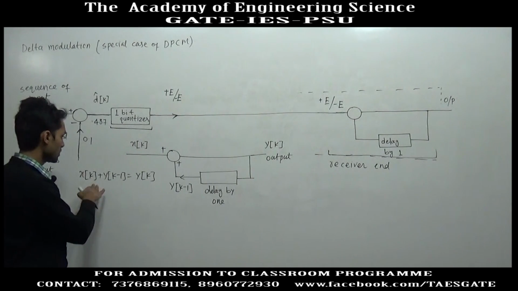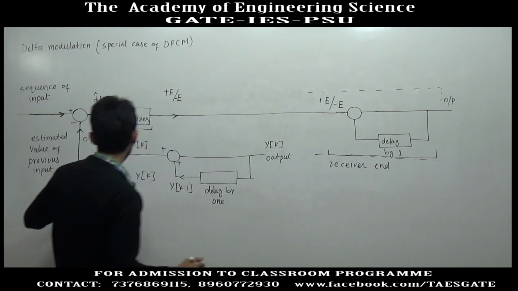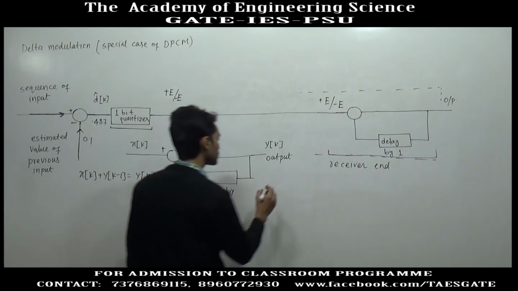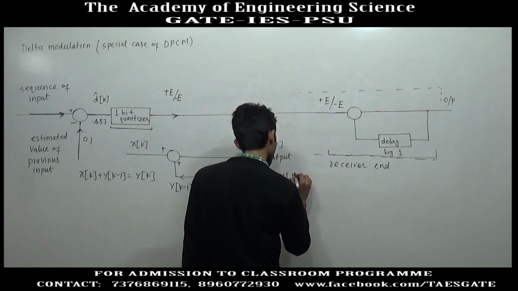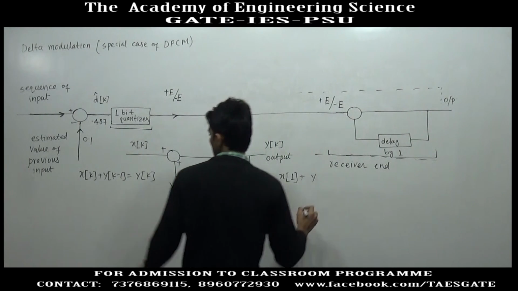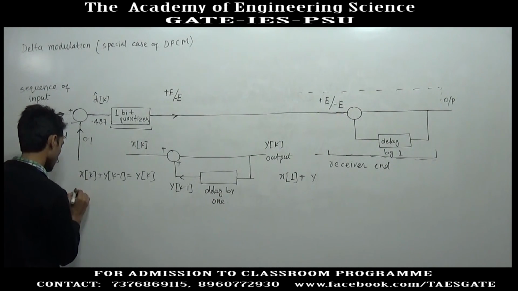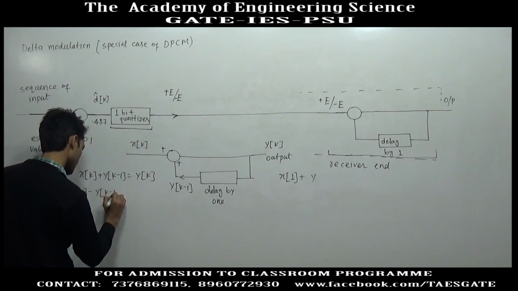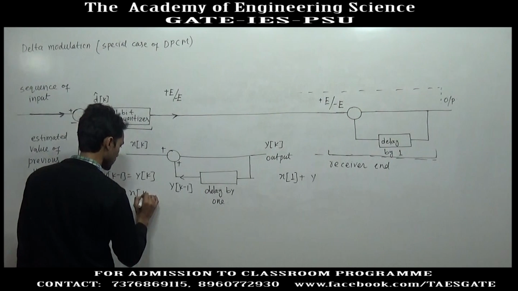This can be written as yk minus yk minus 1 is equal to xk.